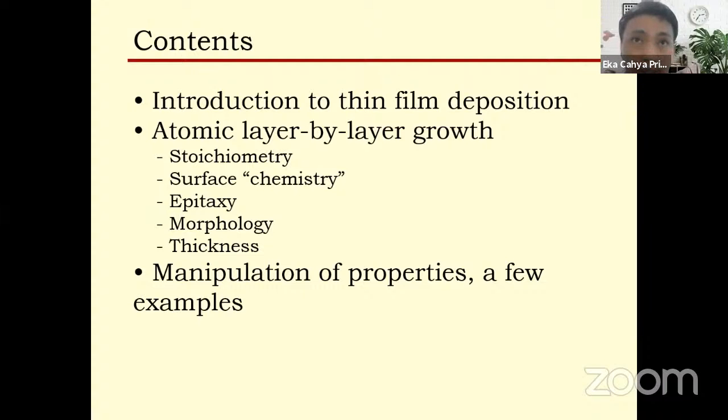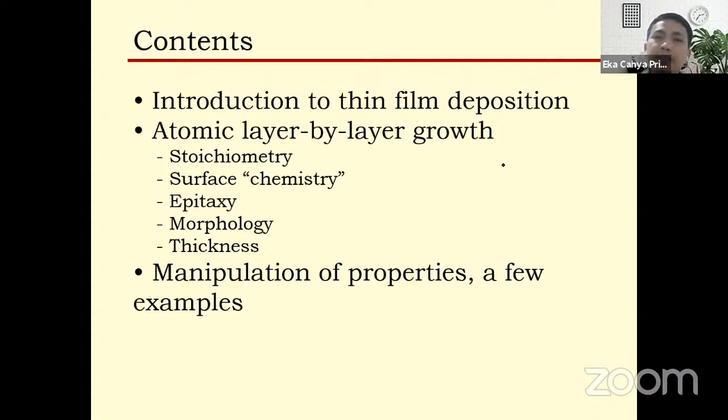As we know, when we deposit a film, maybe we have to consider the stoichiometry of the material. What is stoichiometry, Agnia? In chemical reactions, what is the meaning of stoichiometry? For example, salt.